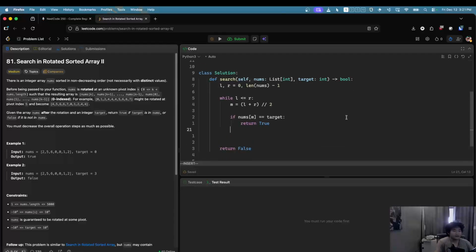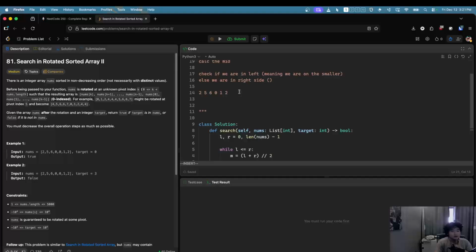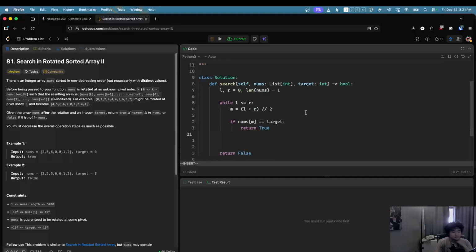Okay, so now we'll have our pivots here. I have to adjust the left and right real quick. First, I need to peek the left side until it is not the same value, and peek the right side until it is not the same value, because we know that the neighbors are going to have the same values.